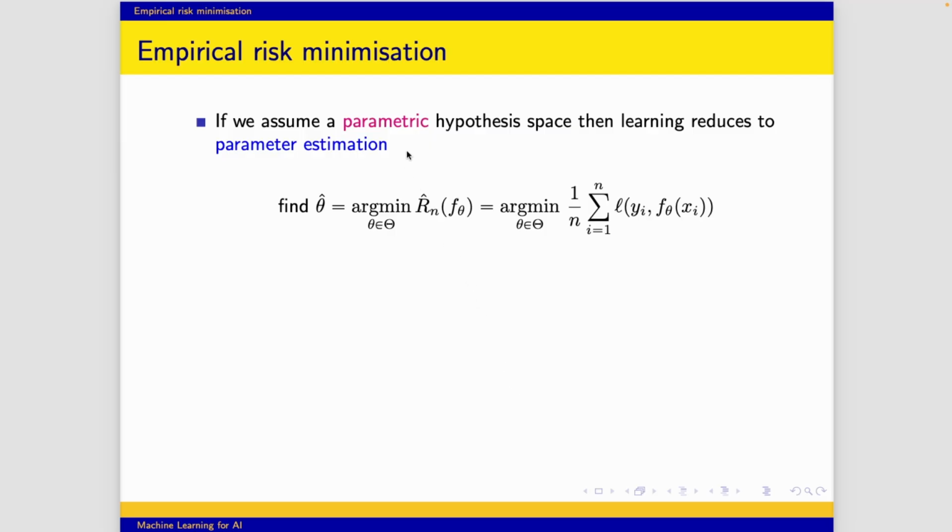So let's have a look at how we typically do it in practice, at least in parametric cases. If we have a parametric hypothesis space, then what are we doing? We have a function, all of the functions in F look the same. They are only distinguished by the values of the parameters, and there are a finite number of parameters.